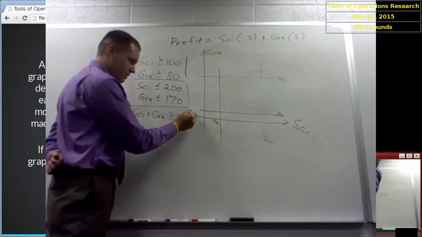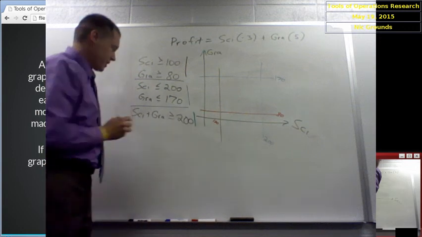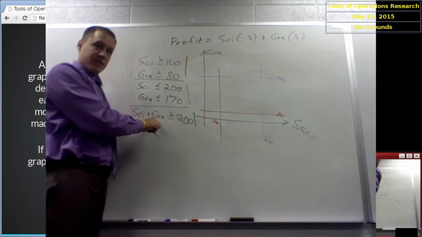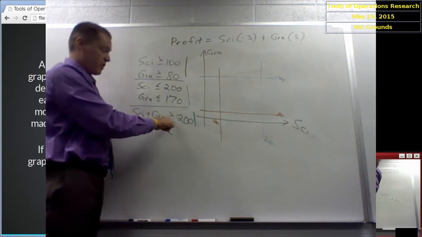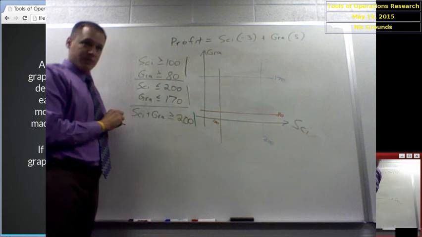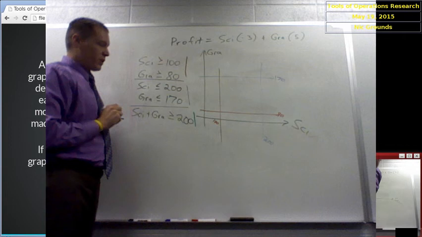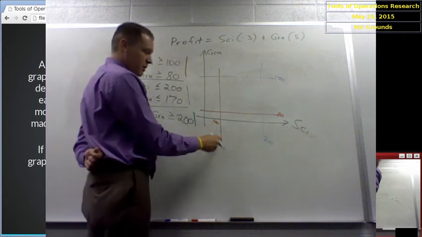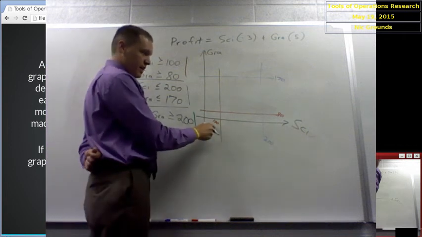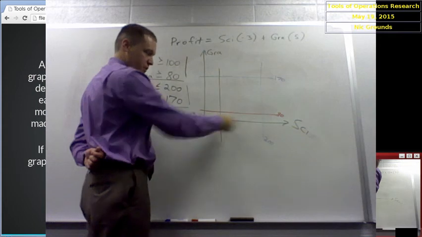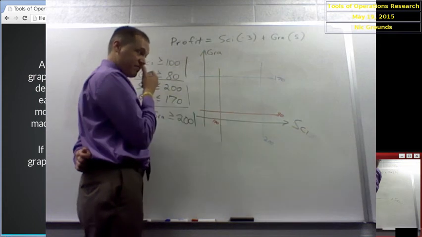Luckily, I have one more color. Green. The scientific calculator number plus the graphic calculator number must be greater than or equal to 200. So theoretically, if we wanted to sell the minimum of 100 scientific calculators, so we can't go past that, to the left of that.